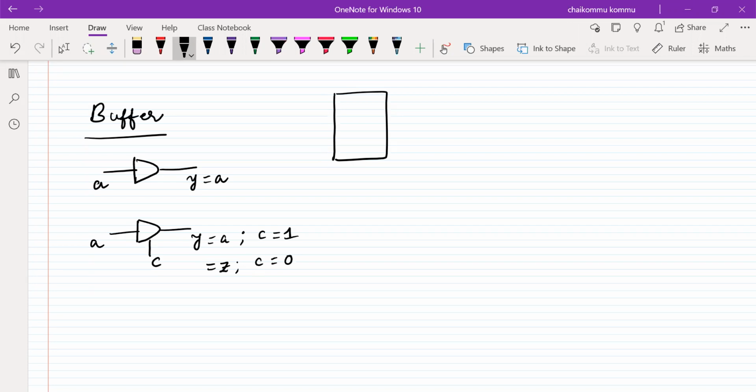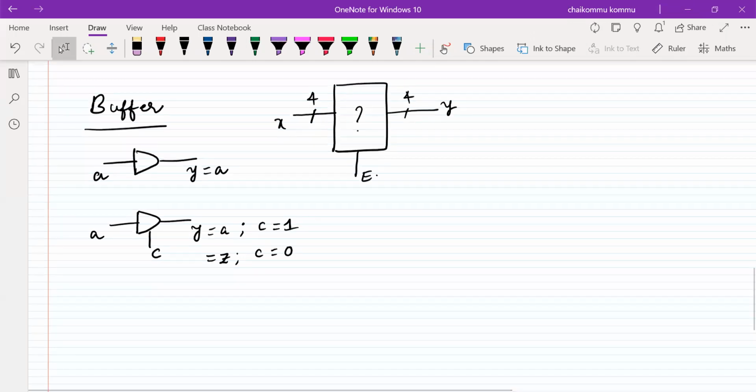So this takes a 4-bit input, for example X, and it has to produce a 4-bit output, but an enable signal is required for this one. What is the internal diagram for this one? It's very simple.